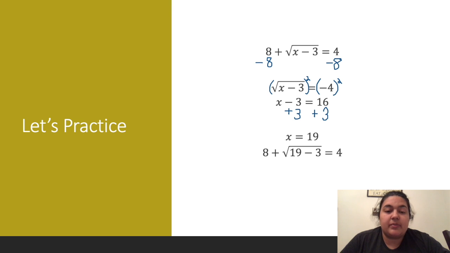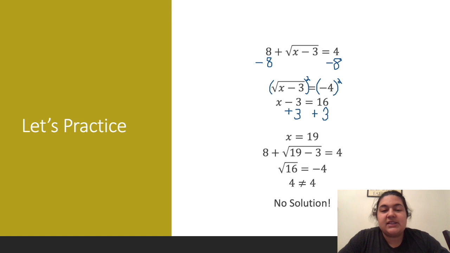When I subtract 8 from both sides, I get negative 4 on the right and the square root of 16 on the left. The square root of 16 is 4, and then I have my typo here, which I should have fixed and I forgot. So 4 is not equal to negative 4. That was supposed to be negative 4 on the right. That means that there is no solution. 19 is not a solution to this problem.